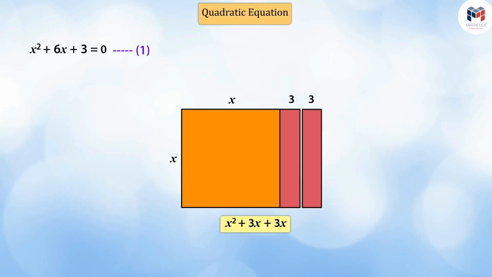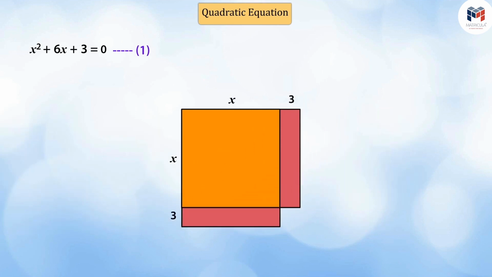Now let's arrange the rectangular pieces in this way. On doing so, we get a new shape from this, whose total area is still equal to x square plus 6x. We can say that this shape is neither a square nor a rectangle.